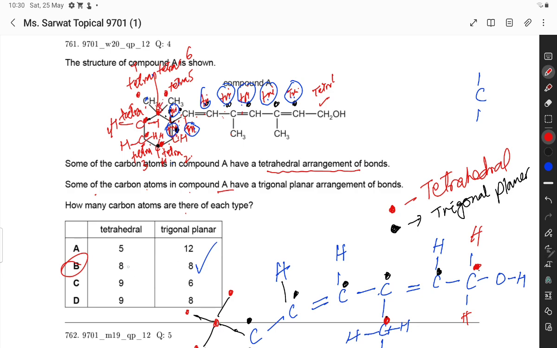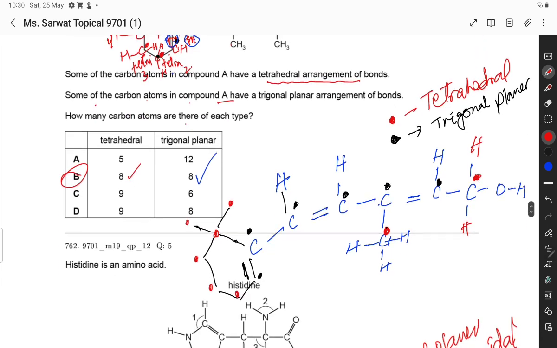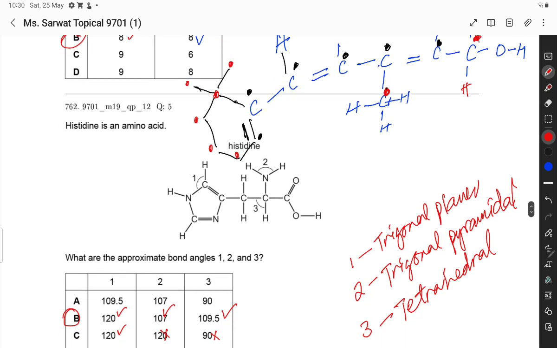So this is also 8. So B option is the correct option.